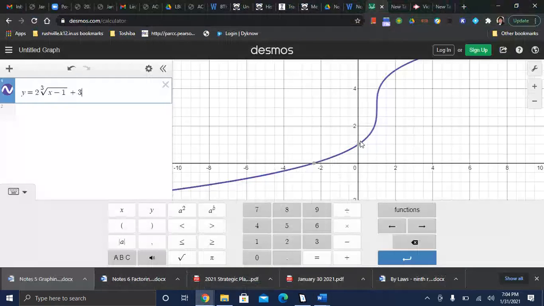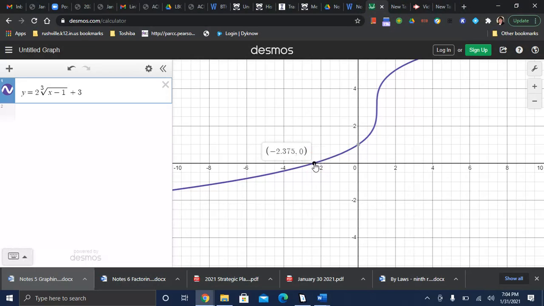You'll notice that the x-intercept shows up, the y-intercept shows up. The point of inflection does not show, so you'll have to search for it while you're looking for it on Desmos. But as you're looking for it on your homework, it will be designated for you.